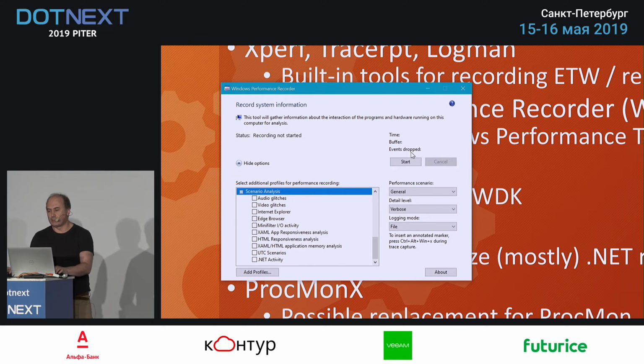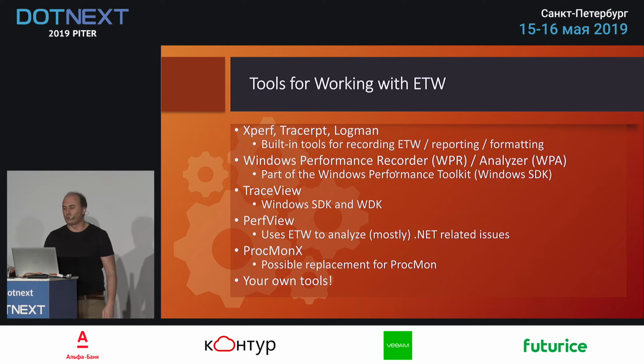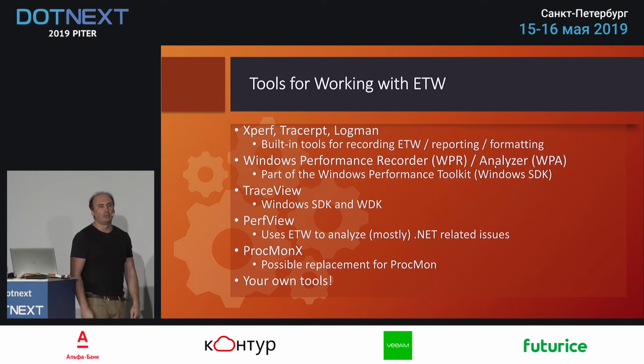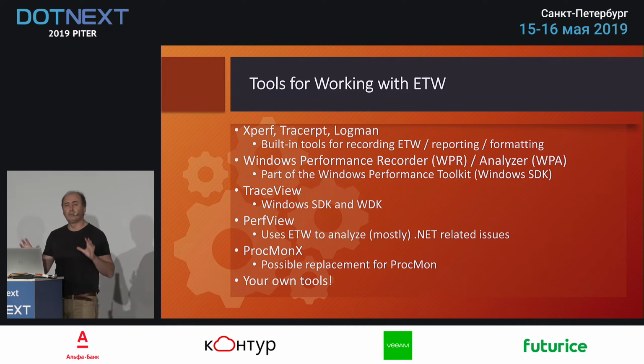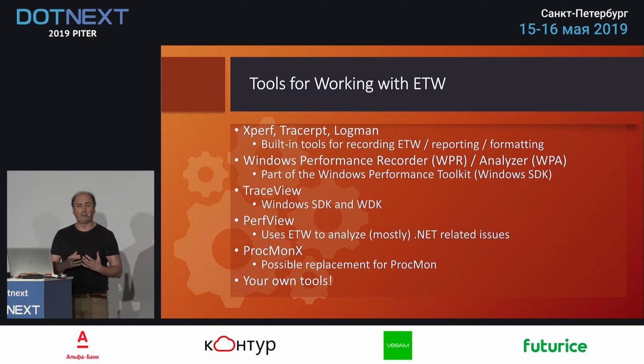So for analysis, there's actually a very powerful tool for these kinds of scenarios called the Windows Performance Analyzer, which is sort of the friend of the performance recorder. It allows you to have some graphical view of events that have been recorded using WPR.